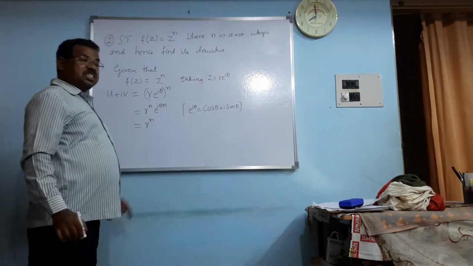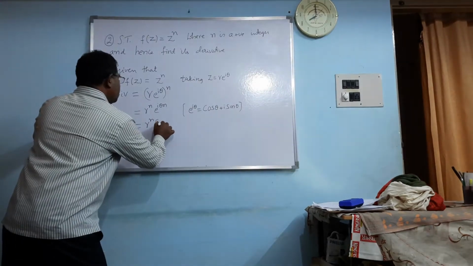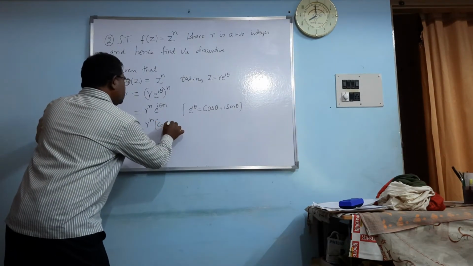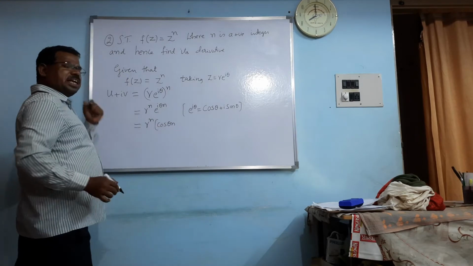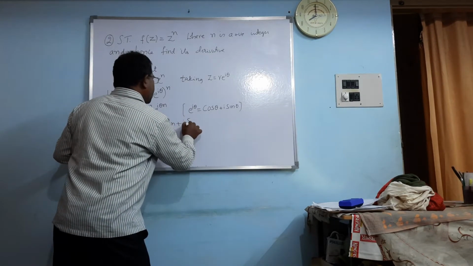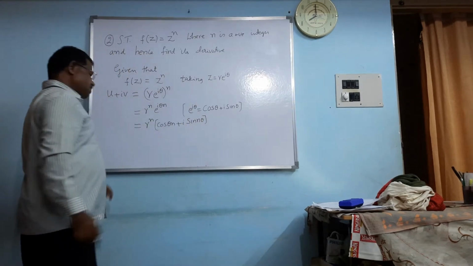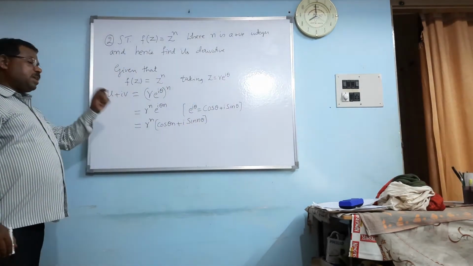Similarly, here cos n theta plus i sin n theta. We write down like this, multiplied by each term.